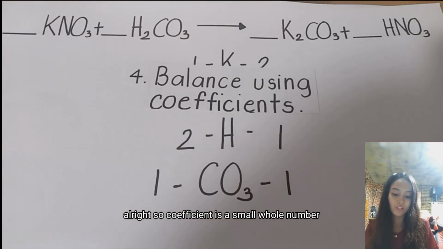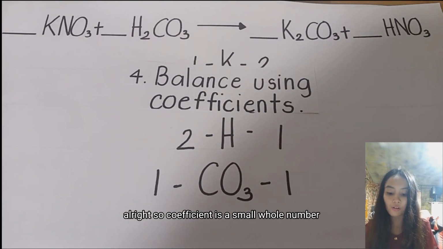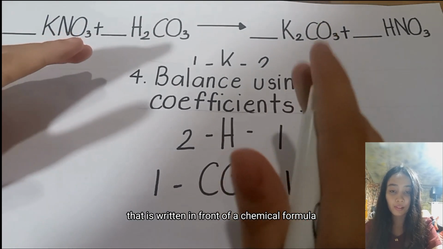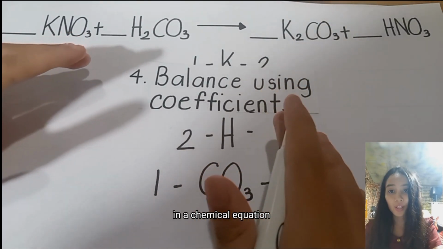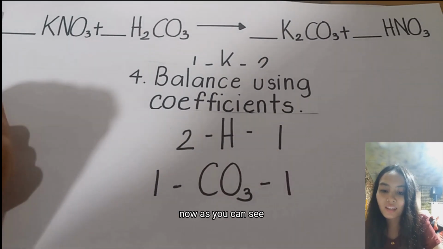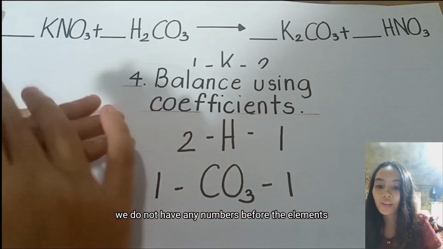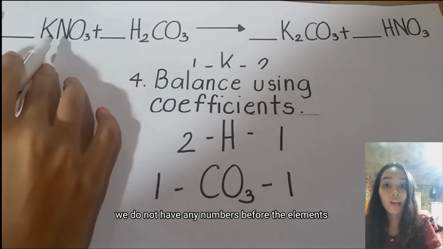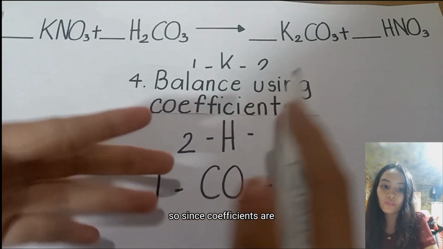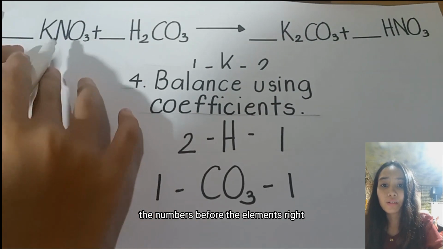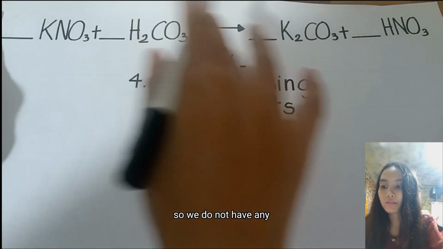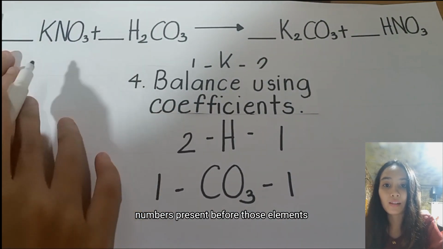A coefficient is a small whole number that is written in front of a chemical formula in a chemical equation. Now, as you can see, we do not have any numbers before the elements. Since coefficients are the numbers before the elements, we do not have any numbers present before those elements.